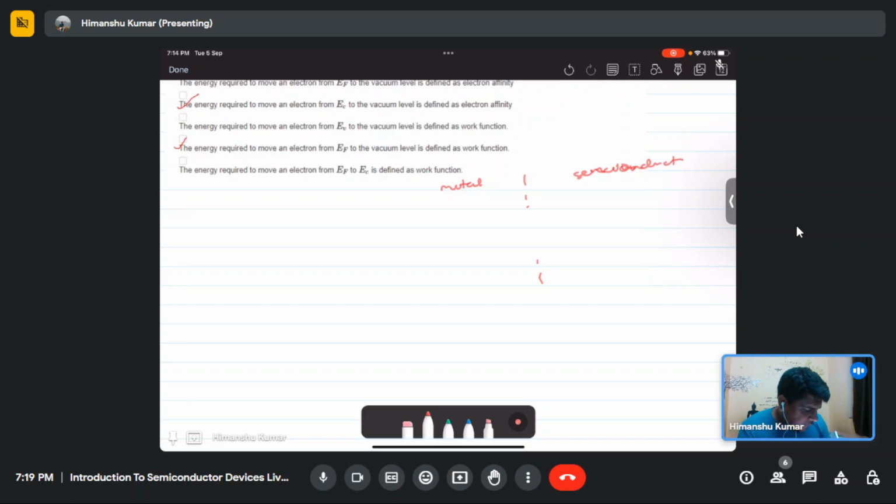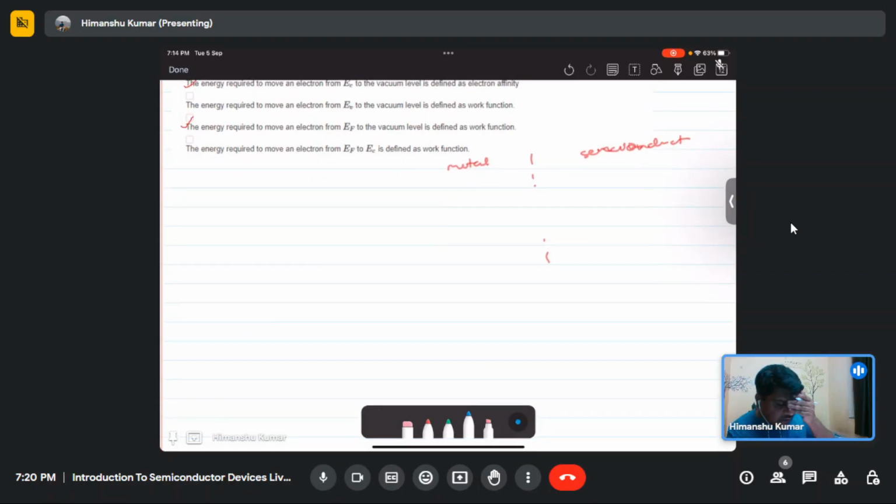To draw the band diagram, in metal there is a concept of a Fermi surface. If you start putting atoms in the metal and solve with the Kronig-Penney model and others, the band overlap is such that there are a large number of states around the Fermi level.